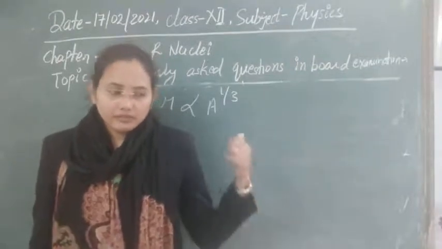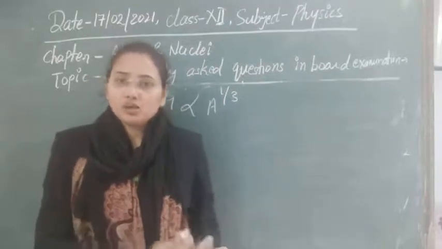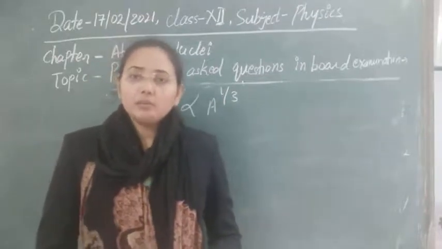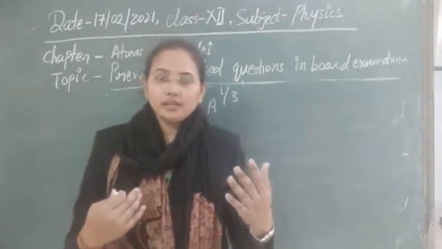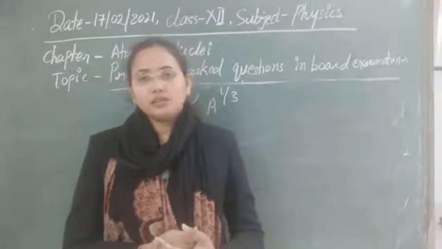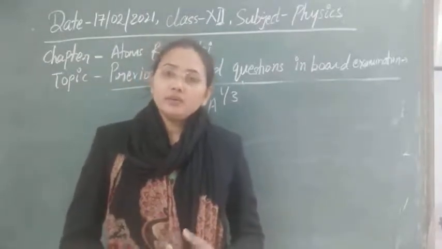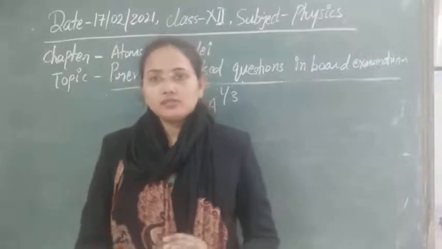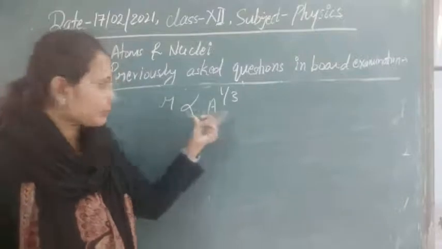Here we will see the dependency of all the properties on atomic mass. Questions are important here. If you have two nuclei and you know their atomic masses, then you can compare their radii, and if you know the radius of one, then you can calculate the radius of the other. This is very easy when we take the concept of atomic mass. So the radius R is proportional to A^(1/3), and if you solve it, you get a proportionality constant R0 with a value of 1.2 fermi to 1.5 fermi.